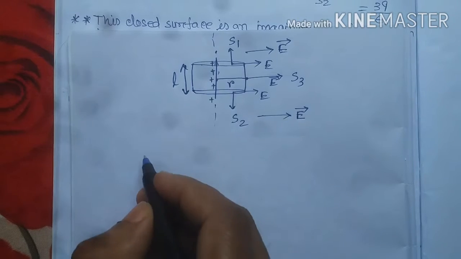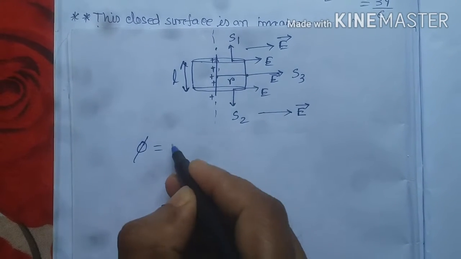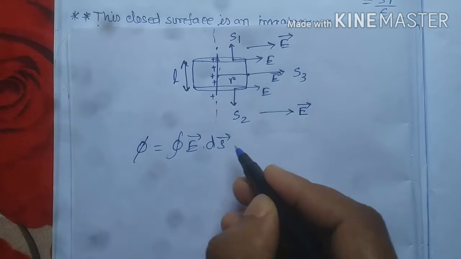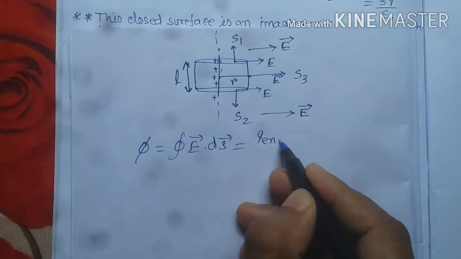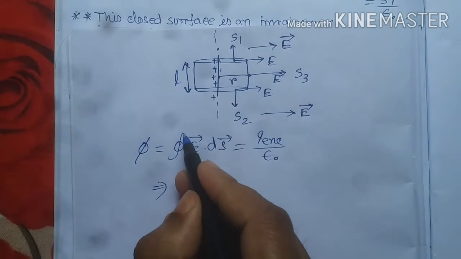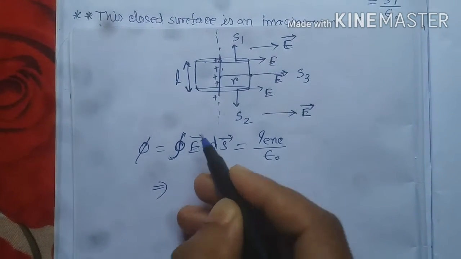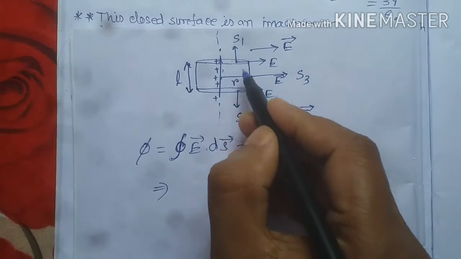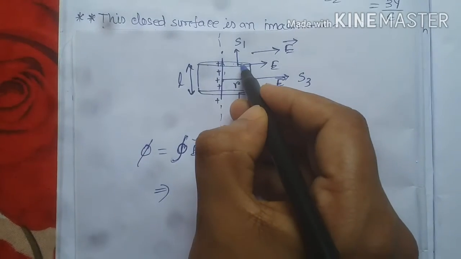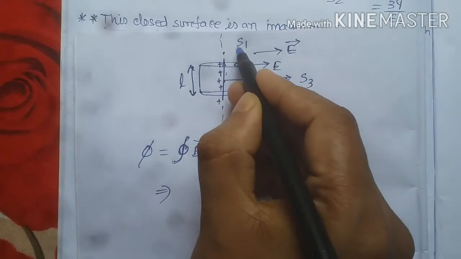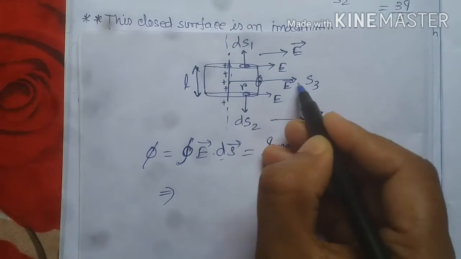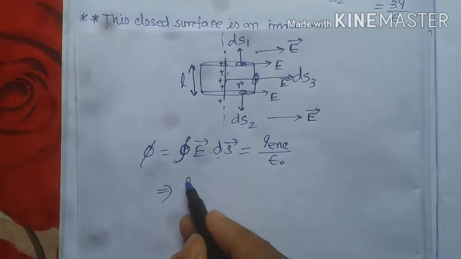So according to Gauss law we know that the total flux, closed integral E dot ds, equals the total charge enclosed by epsilon naught. Now here we are going to split this closed integral into these three surfaces S1, S2 and S3. ds is a small area, and we consider a small area ds1 here, ds2 here, and ds3 here.